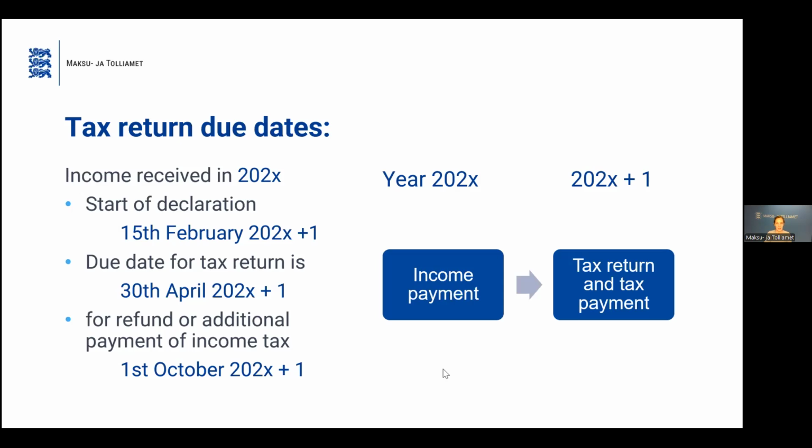The declaration period starts from the 15th of February of the year following the income received, and the due date for the tax return, or last date to declare, is the last day of April of the year following the receipt of income. But don't be afraid, if you are a little bit late, you still have the opportunity to declare income later.